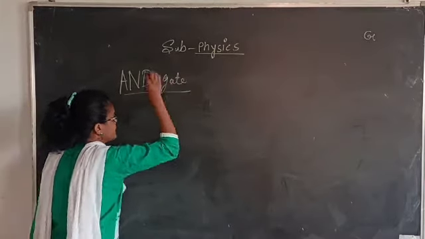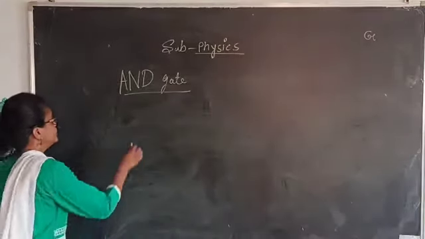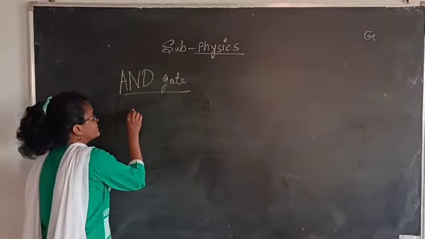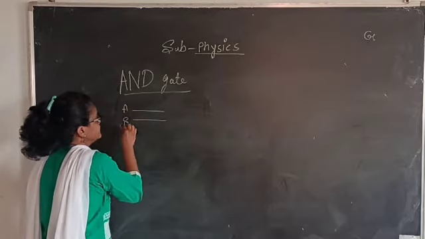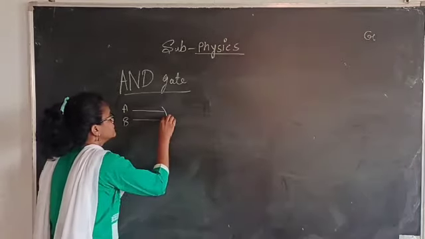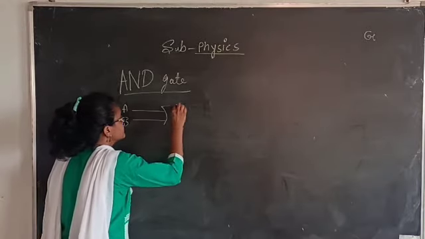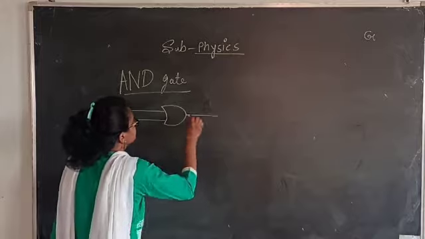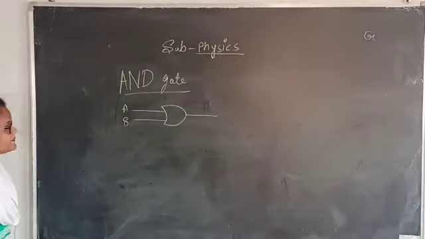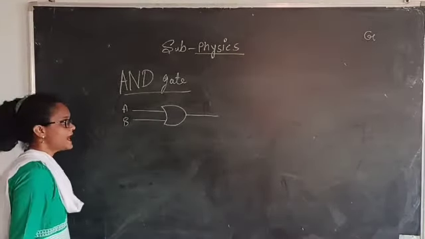Okay. So first of all we'll go with the symbol. Again 2 inputs, input A and B, and the symbol is like this. This is the symbol for the AND gate.